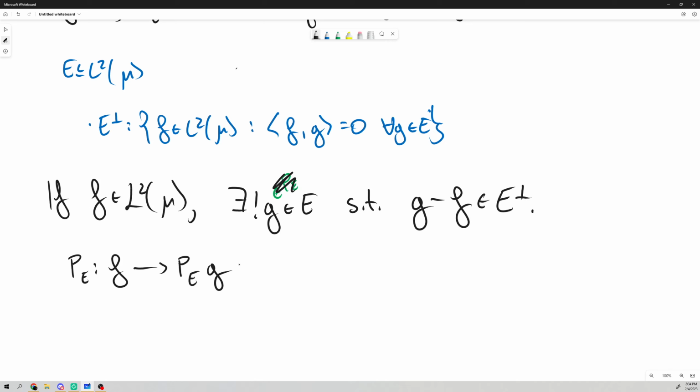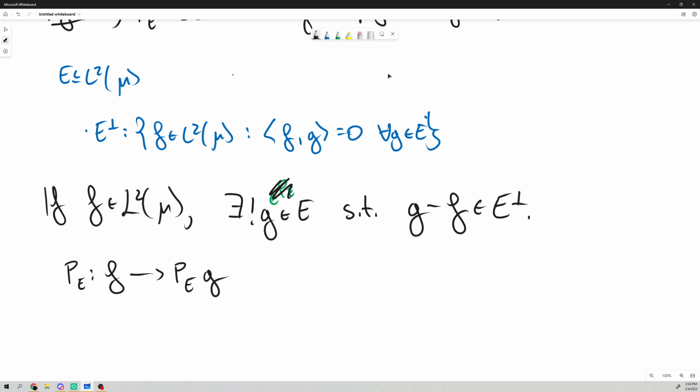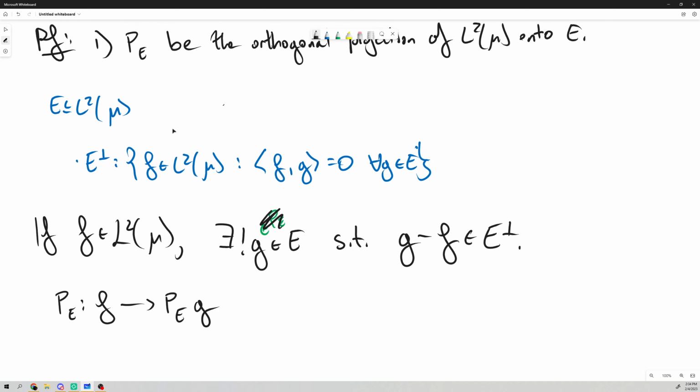And this is a generalization of something from linear algebra. Hopefully I don't lose anyone yet, because we're going to use this through the whole proof.